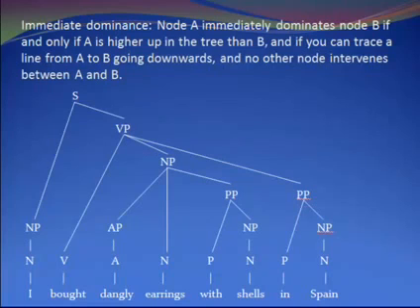If you then look at the S node, we saw just now that it dominates all the other nodes in the tree, but what does it immediately dominate? Only the nodes that you can get to with a line that's not broken by another node, so that means that S immediately dominates the NP and the VP.